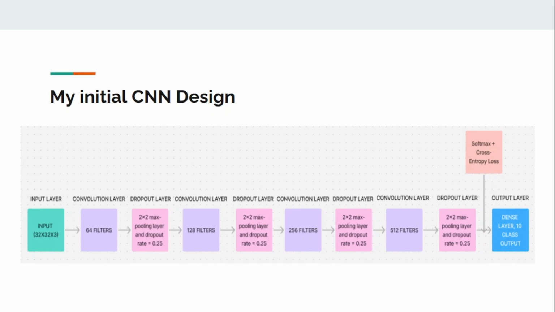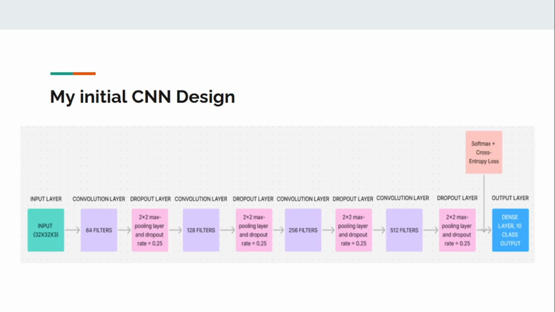It significantly reduced computational complexity by decreasing the number of parameters and operations required, making the model more efficient. This was especially important for a deep network where feature maps can grow exponentially without proper downsampling.